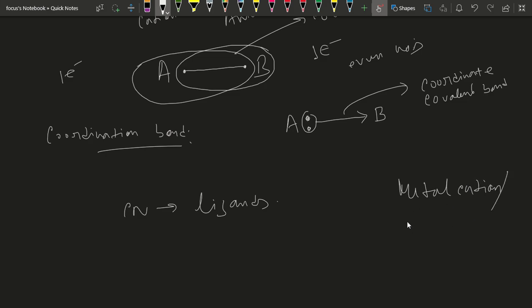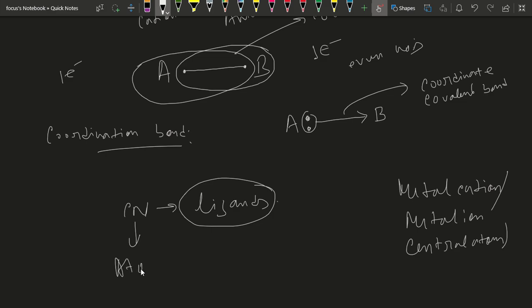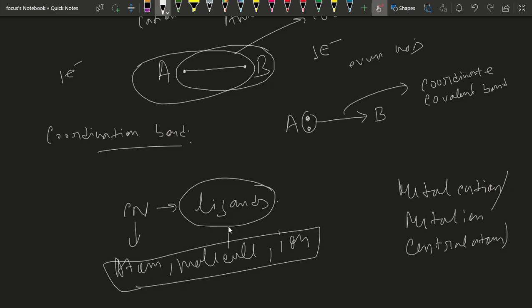Sometimes it is called a metal ion, or simply the central atom. If the central atom accepts at least a pair of electrons from some entity or compound, that compound is called a ligand, and these can be an atom, molecule or ion. These are all called ligands.